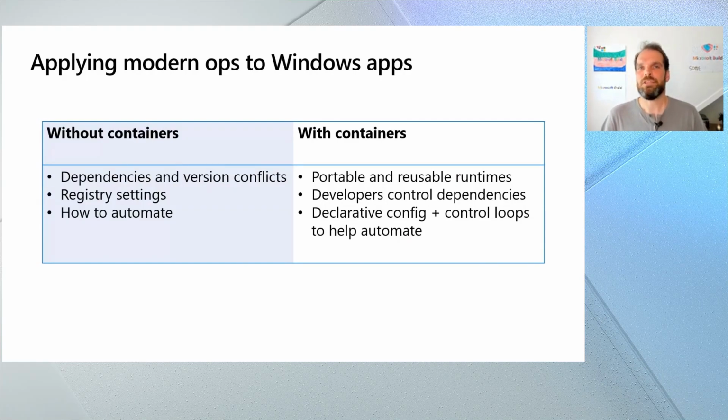Now, using Windows containers to wrap these applications into portable, reusable runtimes, you put the responsibility and the control of the work with the dependencies in the hands of the developers. And it helps you get on this path where you can start applying declarative configuration and use control loop systems such as Kubernetes to actually automate a lot of the processes around operating these applications.